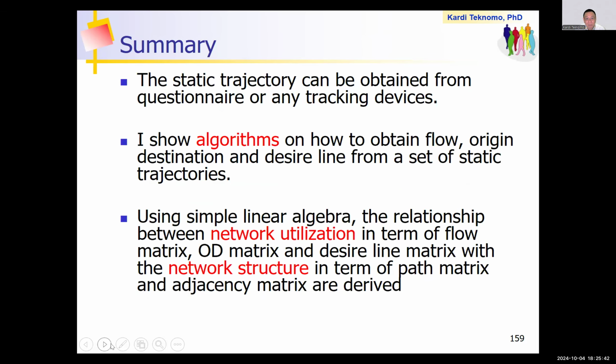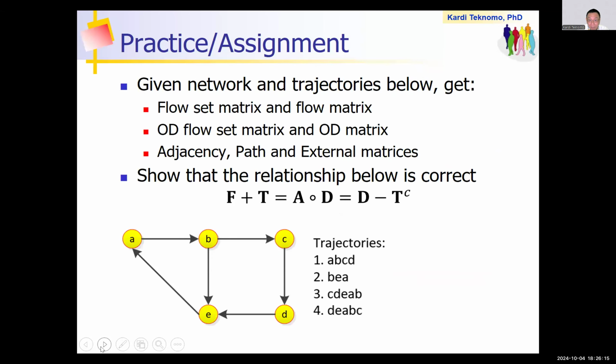So I just summarized all these lessons. We are starting with static trajectories that can be obtained by a questionnaire or any tracking device. Then I showed the algorithm for how we can get the flow, OD, desired line, and so on. Then using very simple linear algebra, you can get the relationship between the network utilization and the network structure. With that, you can start to do the assignment.